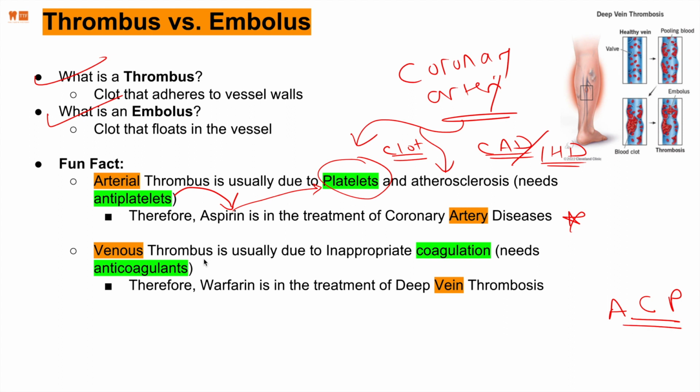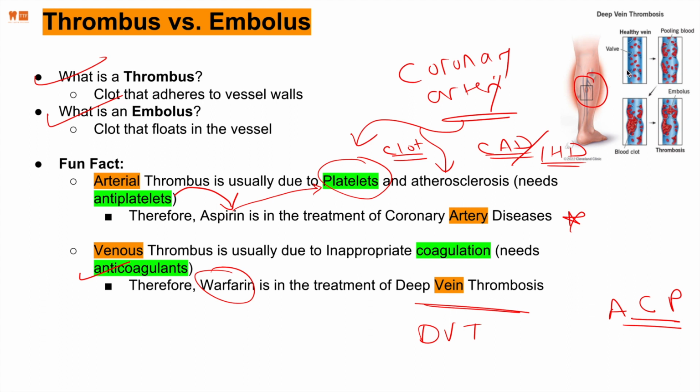Venous thrombosis is usually due to inappropriate coagulation. So, venous, meaning veins, is usually due to inappropriate coagulation. It needs anticoagulant help. Therefore, warfarin is the treatment of deep vein thrombosis. Remember the disease DVT, deep vein thrombosis? That's explained right here.